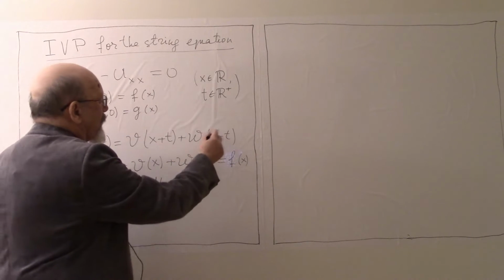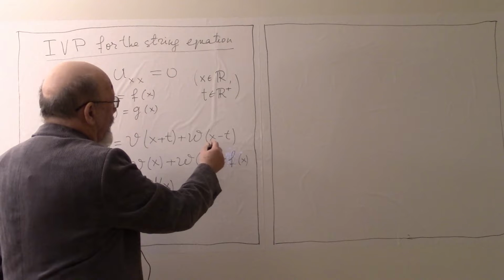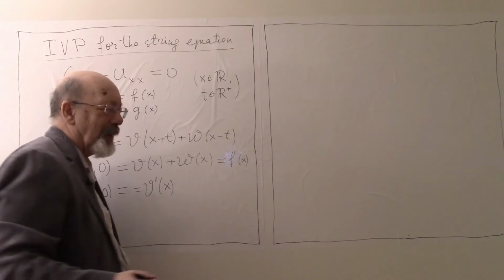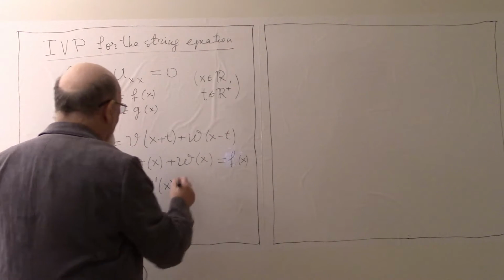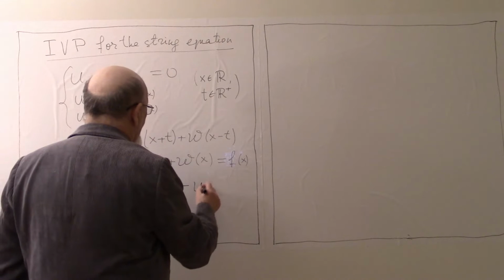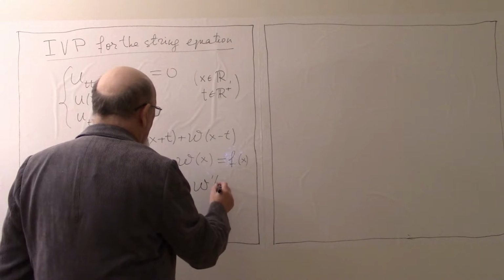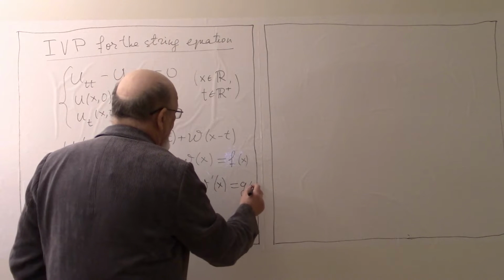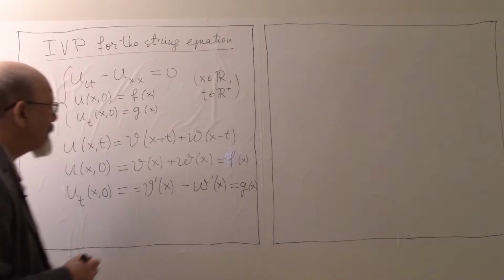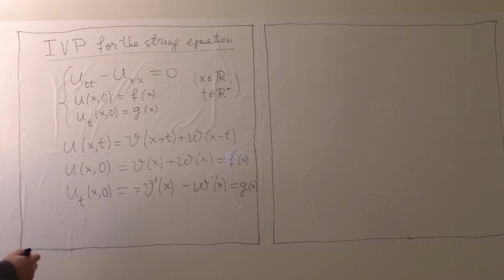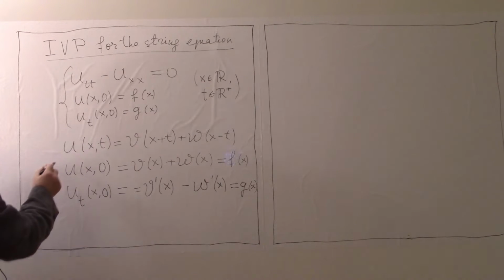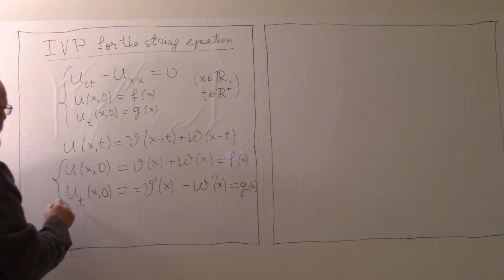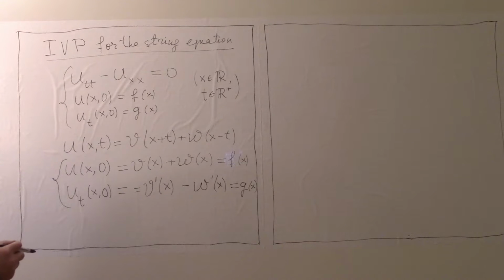Now if you differentiate the second term, it is w prime of x times minus 1, because here is minus t, so minus w prime of x. And this is equal to g of x. So we have to find v and w from this system of two equations.